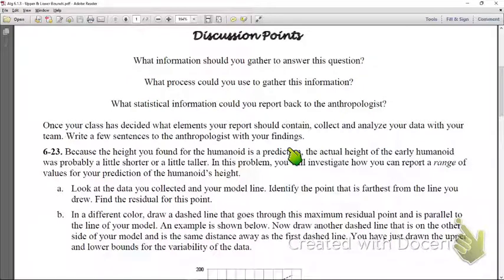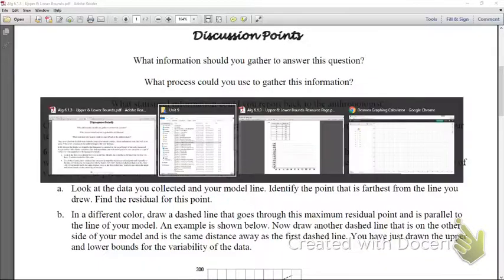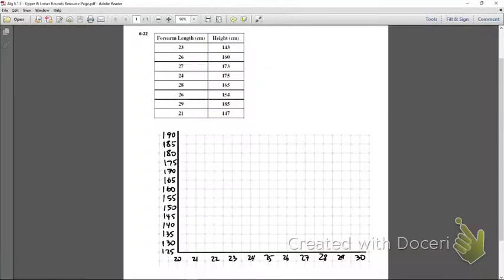But here we go. On your handout, you should see something like this. Let's go ahead and graph your data if you haven't already. I'm just going to do it as fast as I can.